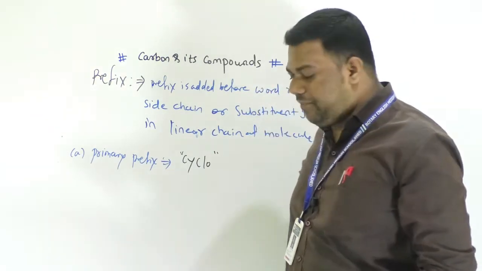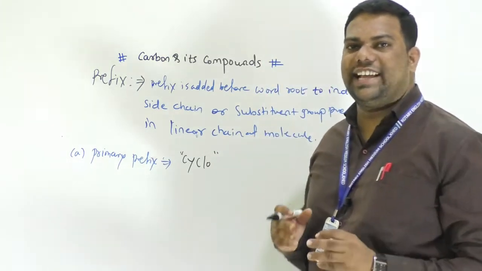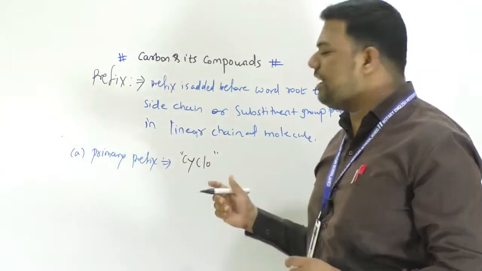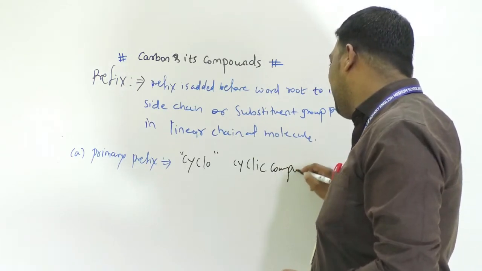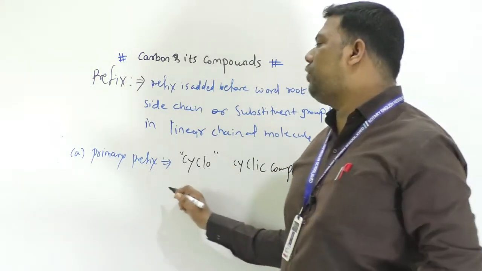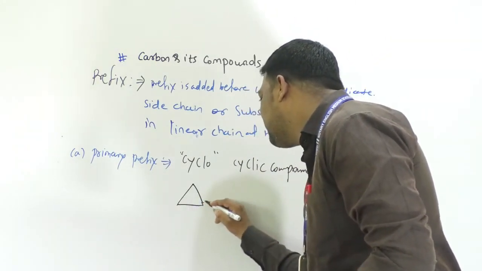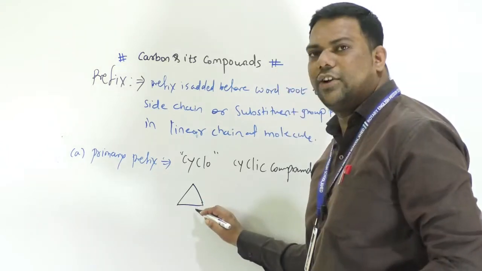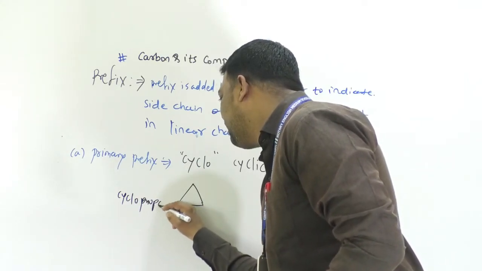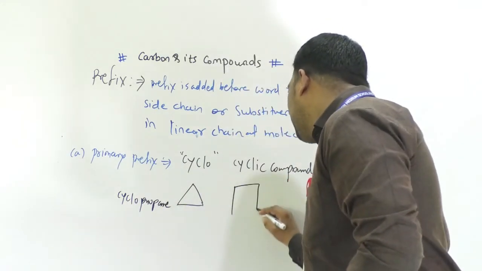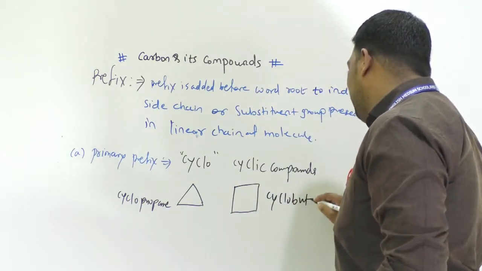In the primary prefix, cyclo is used to differentiate cyclic compounds. Whatever cyclic compounds there are, for them we have to use cyclo as a prefix. For example, this is cyclopropane.